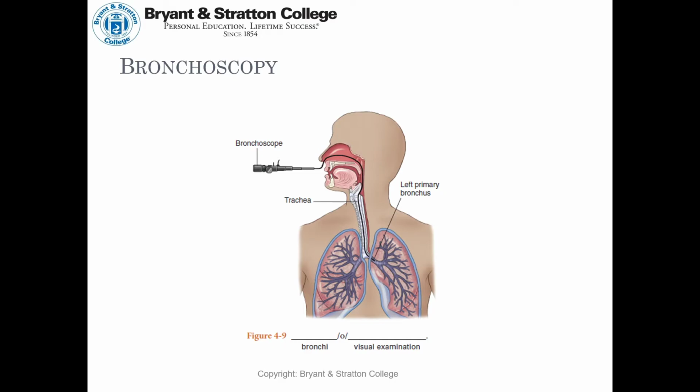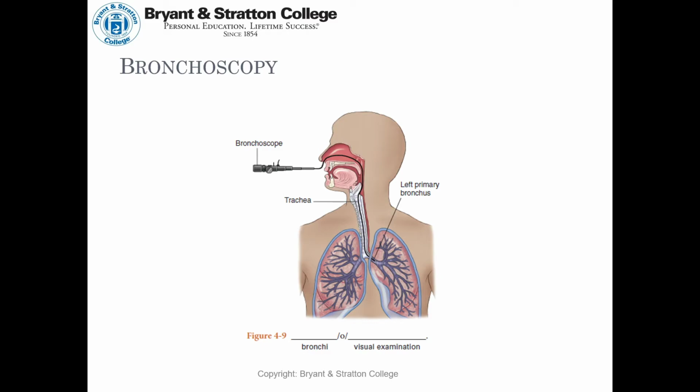So you see here a bronchoscope. This is a specialized scope where a very small tube is fed down into the trachea. It's got a camera on the end of it. Sometimes if you're looking for something that you're pretty certain is there, there's also the ability to use the scope to take biopsies.